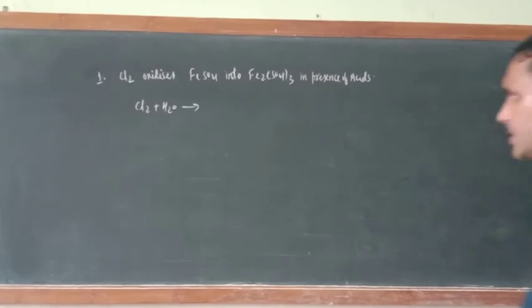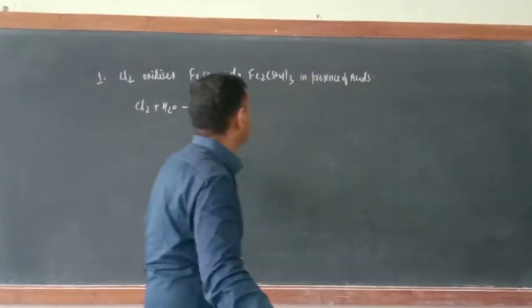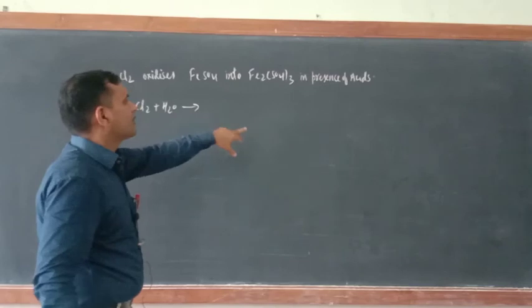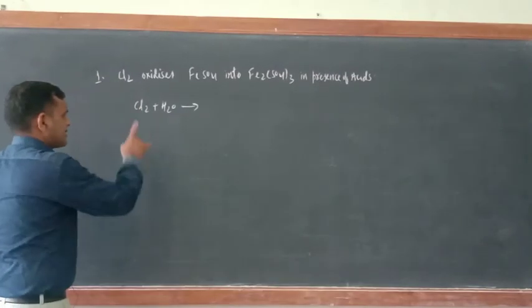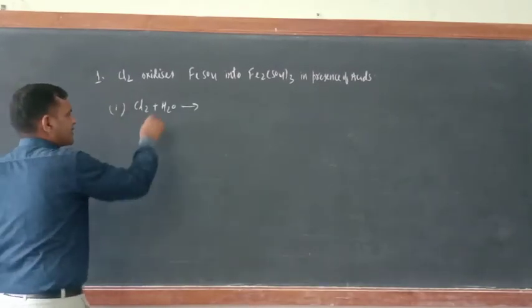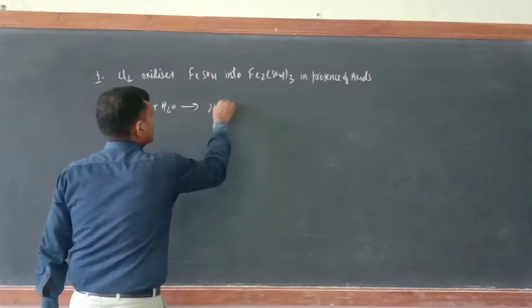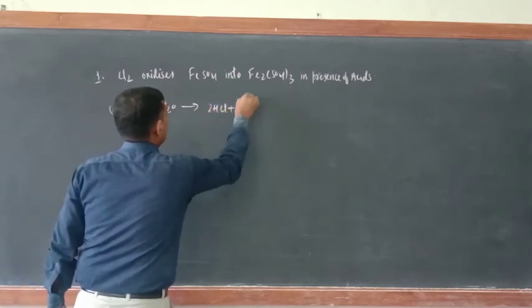Now just see, Cl2 oxidizes FeSO4 into Fe2(SO4)3 in presence of acids. First write the first step, that is 2HCl plus nascent oxygen.